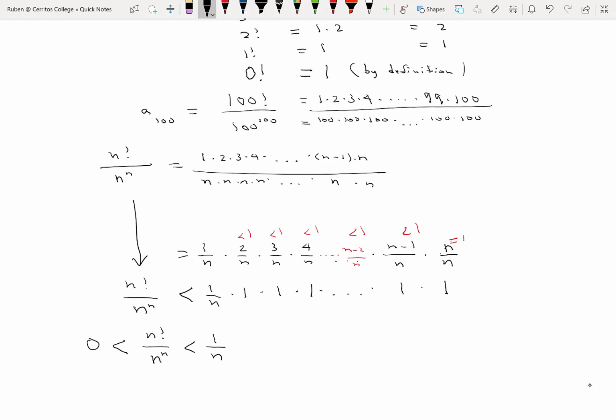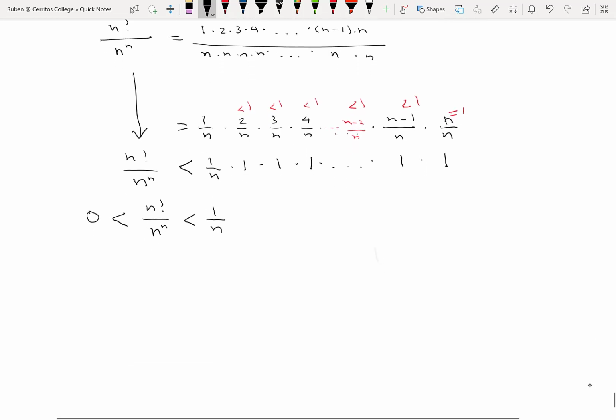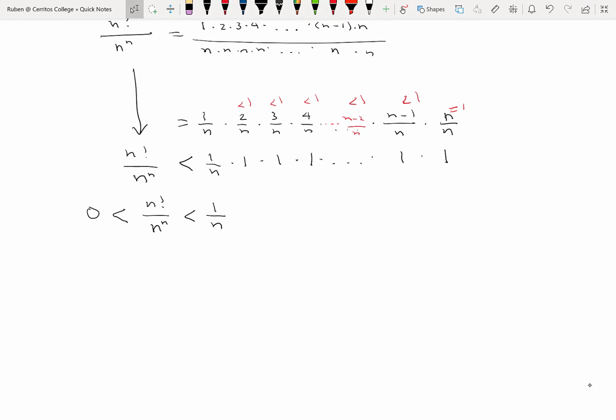I'd like you to think about what part of calculus 1 I'm going to be using here. The limit as n approaches infinity of 0 is 0. The limit as n approaches infinity of 1 over n is 0. And the general term of my sequence is captured in between those two.